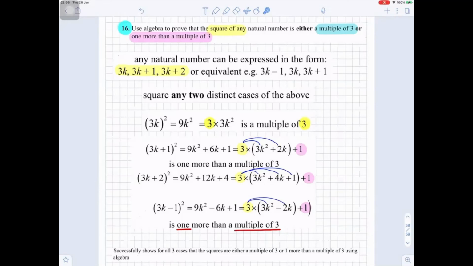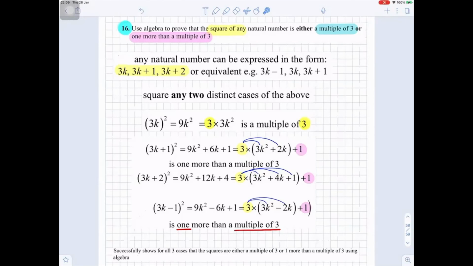So 3 times 3 is 9k squared. 3 times 4 is 12k. 3 times 1 is 3. Plus this 1, it gives you that 4. So this is plus 1 at the end.